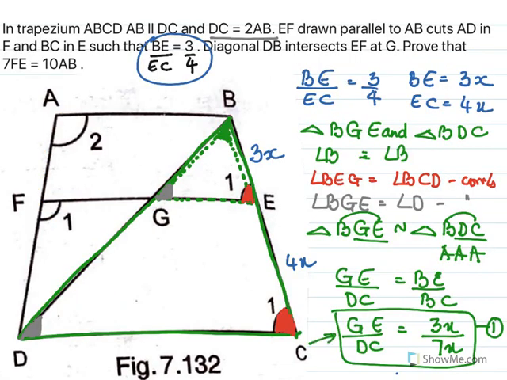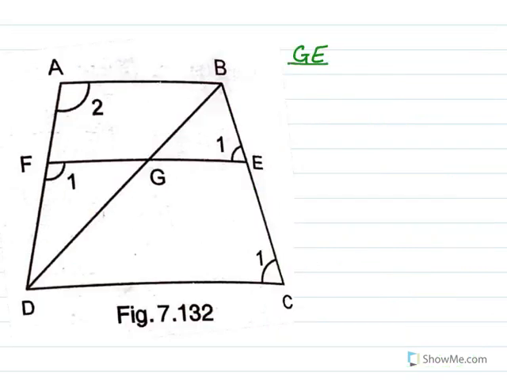Remember the first part we had taken, we proved this, that is GE over DC equal to 3 by 7. Therefore GE, let me do this again.